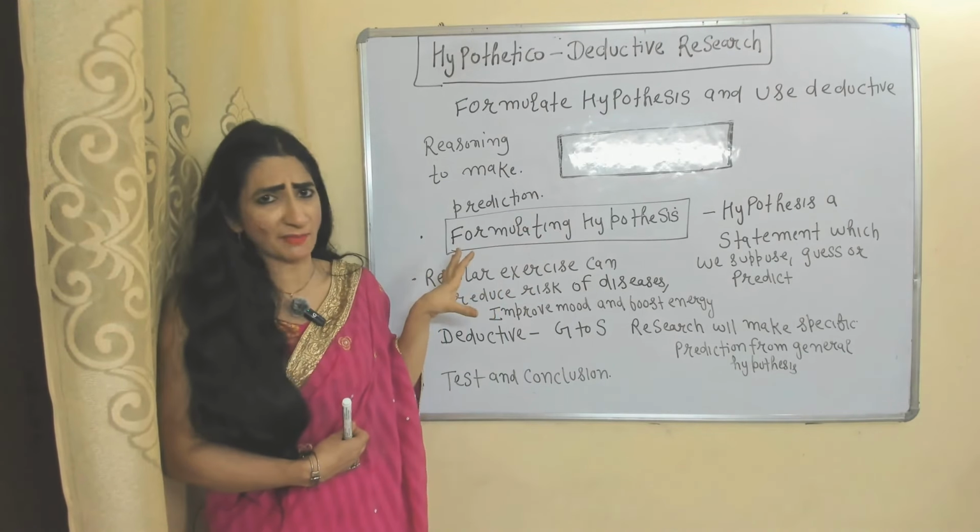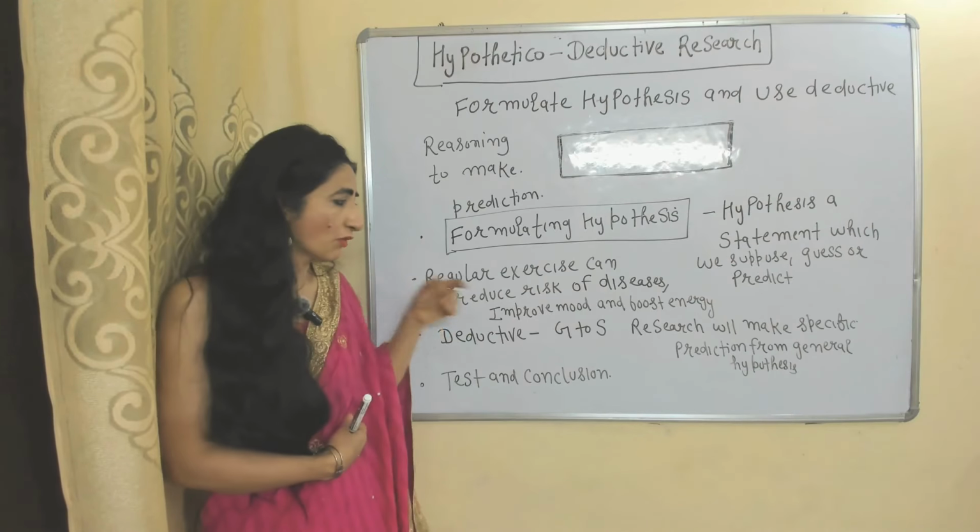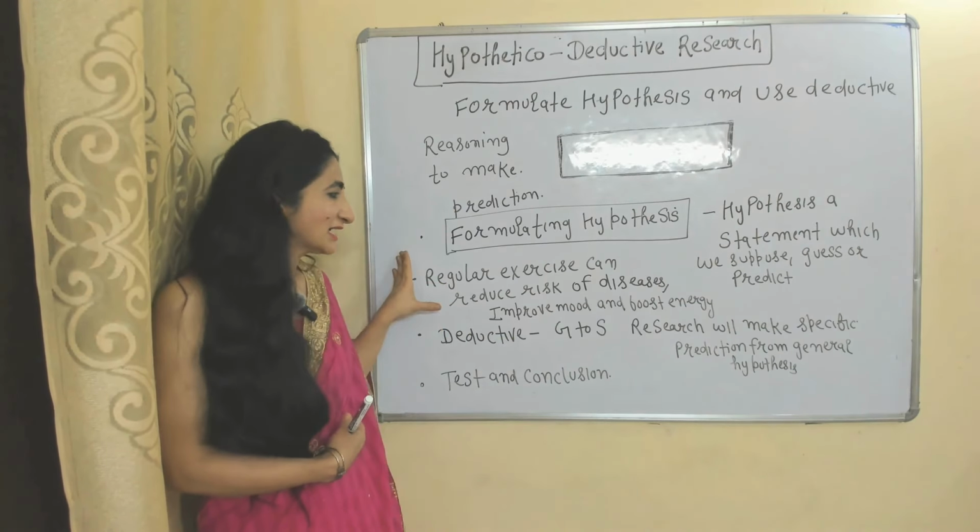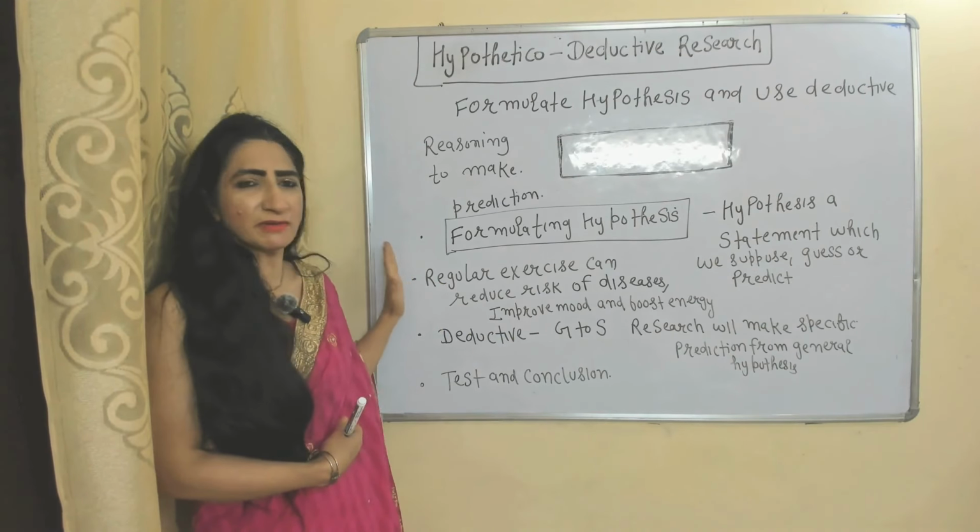This is a general hypothesis. Here we use deductive reasoning, so we move from general to specific. That means the researcher will make a specific prediction based on this general hypothesis. Finally, we test and make conclusion.